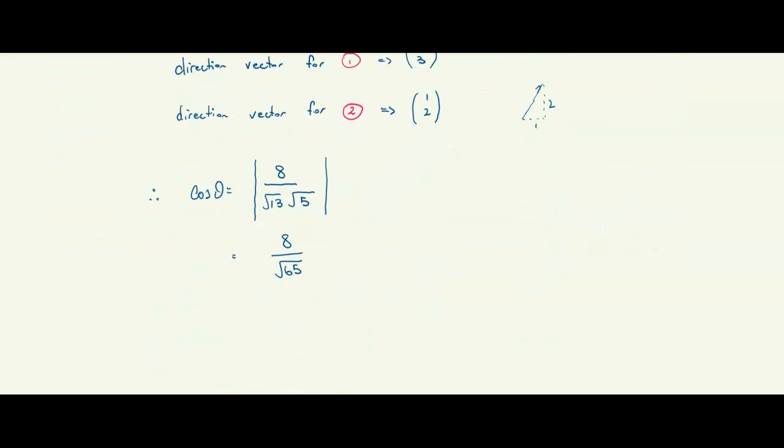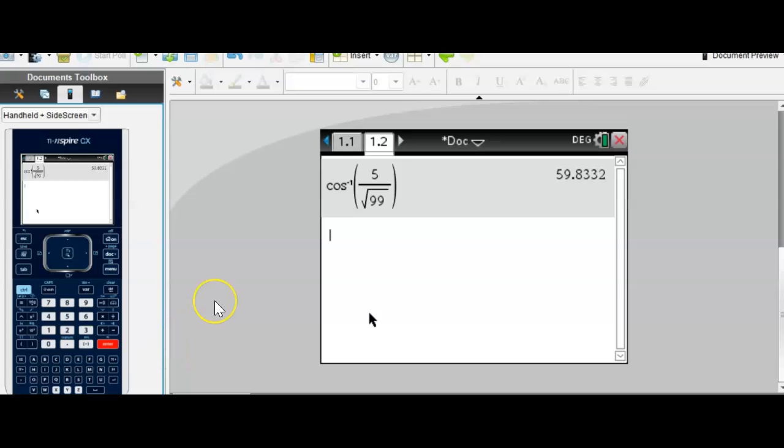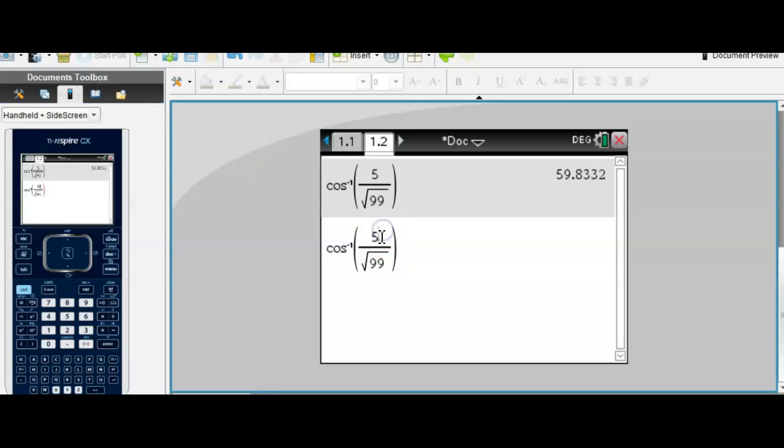I now need the angle for that. So in we go to the calculator. And I could just copy that one down, change my 5 to an 8, and my root 99 to a 65.